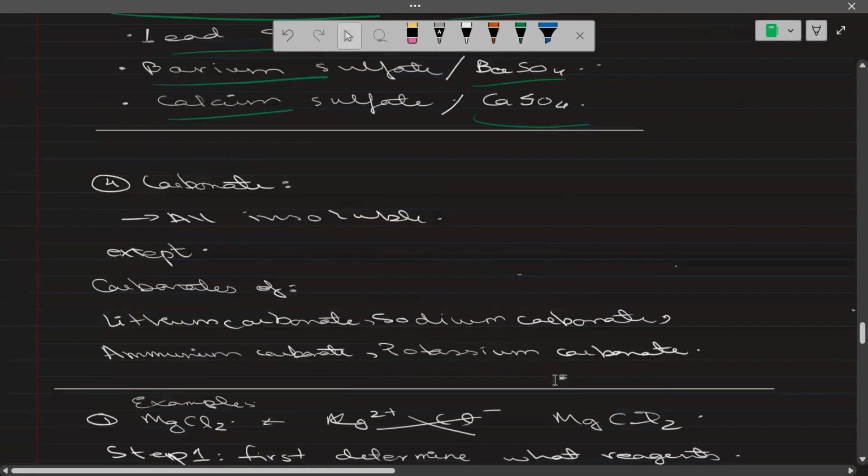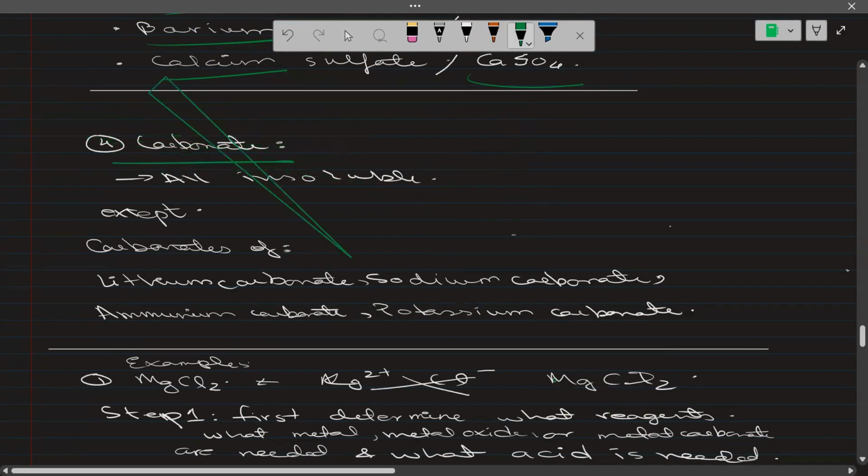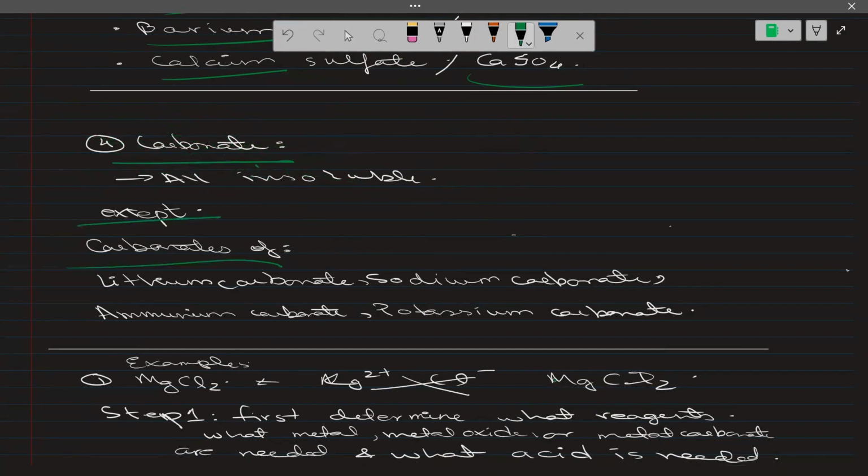Now let's go to the fourth rule, which is for carbonates. In this, all are insoluble, except lithium carbonate, sodium carbonate, ammonium carbonate, and potassium carbonate.